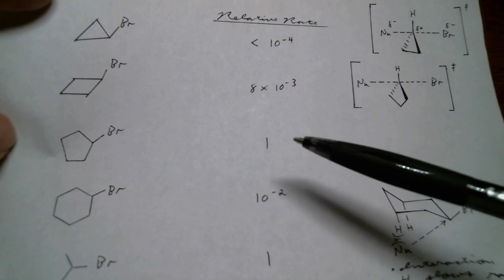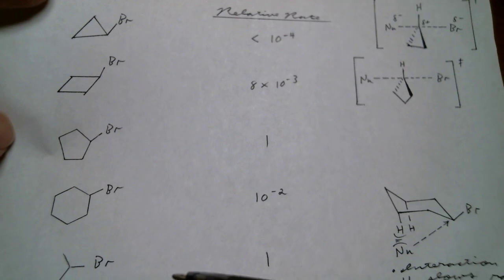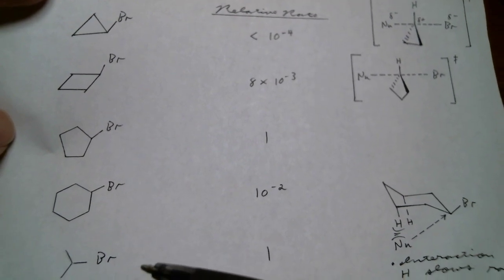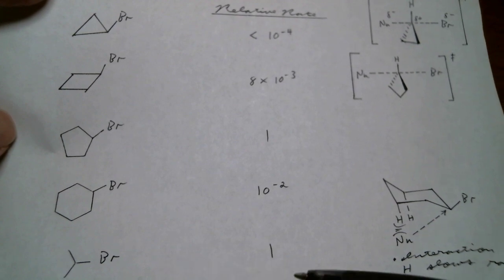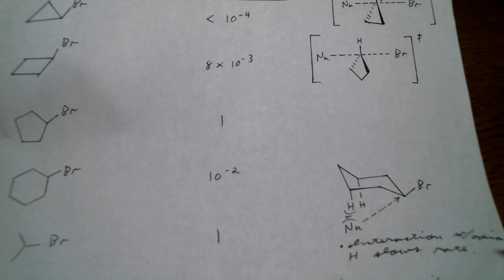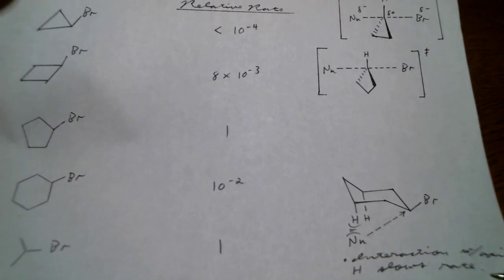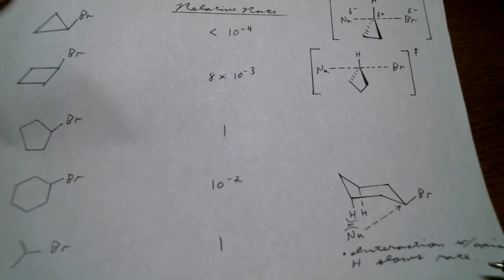Our bromocyclopentane is our fastest cyclic reacting electrophile. It's on par with isopropyl bromide, which we give a relative rate of 1.2. So interaction with axial hydrogens slows the rate. And we'll pick up here on the next video.